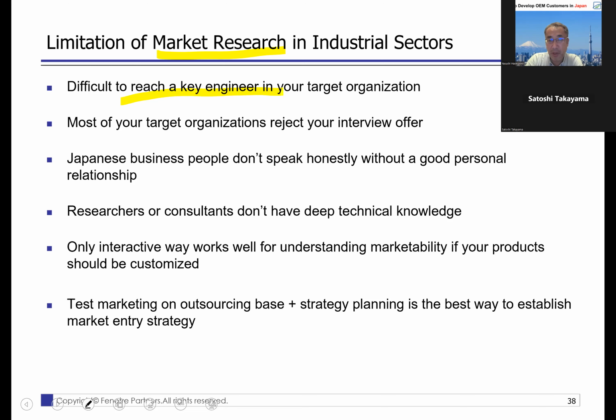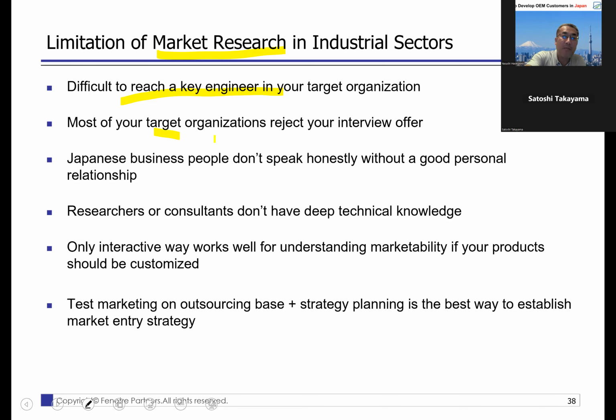For example, in Toyota, can you guess how many engineers the company has? Maybe tens of thousands, and you are selling some safety sensor, and reaching that particular engineer requires a lot of time, maybe a few months or several months.